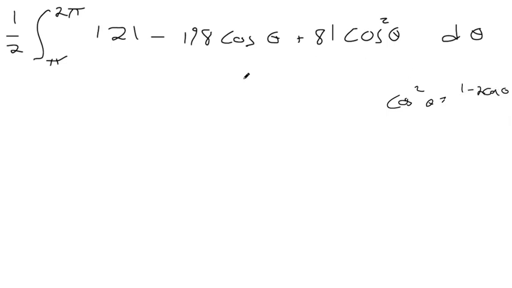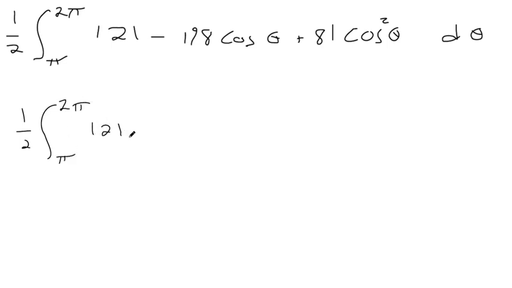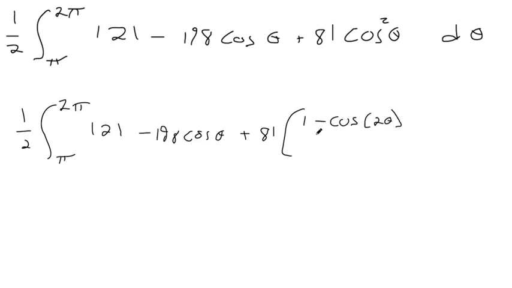So that would reduce this power. So our integral is 1/2 times the integral from pi to 2 pi of 121 minus 198 cosine theta plus 81 times (1 plus cosine of 2 theta) over 2.